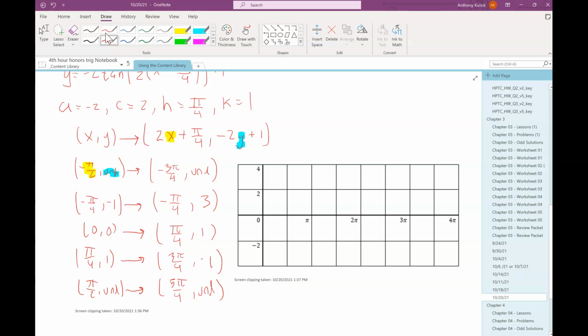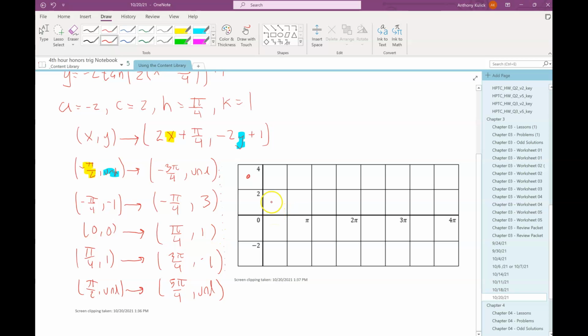All right, so negative 3 pi over 4. Well, let's start here. So each grid line I can tell is like a half a pi, right? So negative 3 pi over 4 is over here somewhere, like off the chart, really. But that's okay. I'll just sketch it in. Negative 1 pi over 4 is like here.